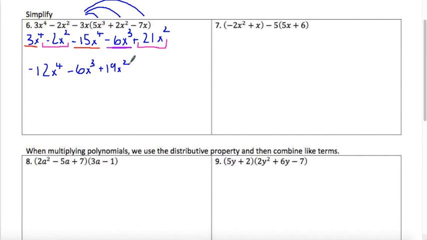And that is all of the terms. So we've combined everything, and this is our final answer. It's generally standard to write the terms with decreasing exponents, so x to the 4th, x cubed, x squared. It's certainly not wrong if they're in different orders, because order doesn't matter when you add, subtract, but it's just considered standard. So, on to number 7.